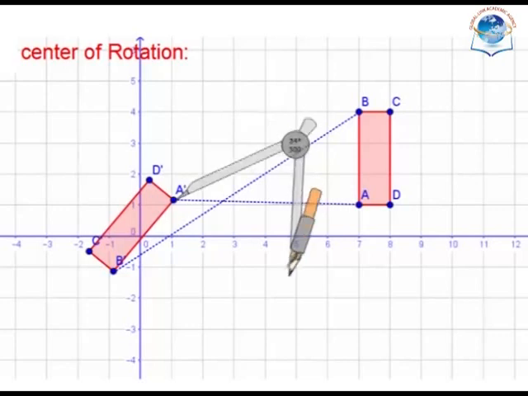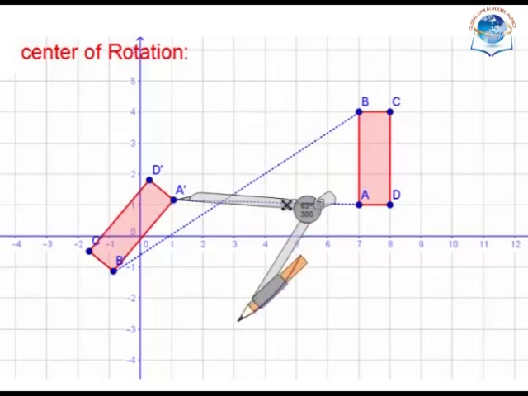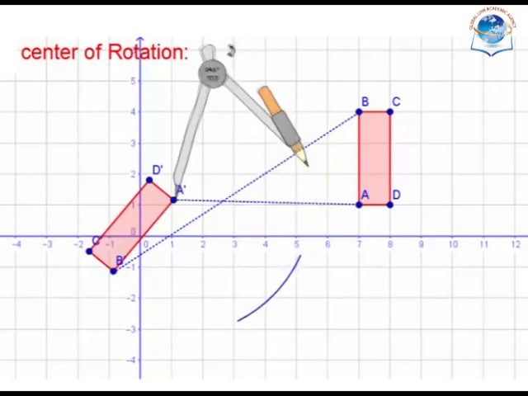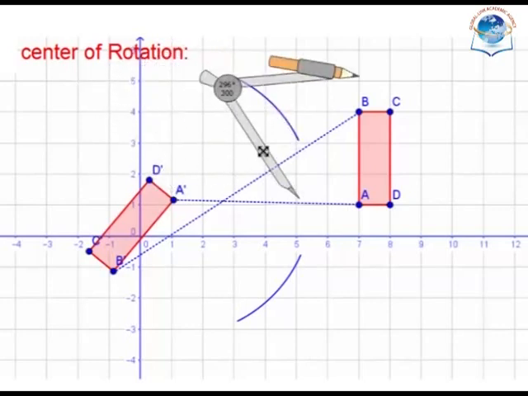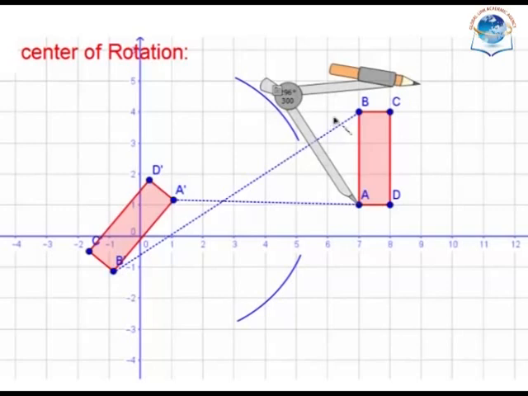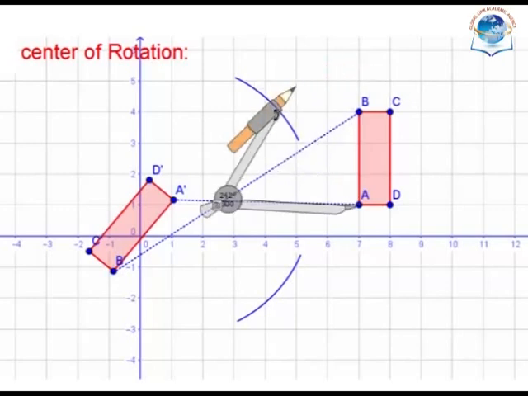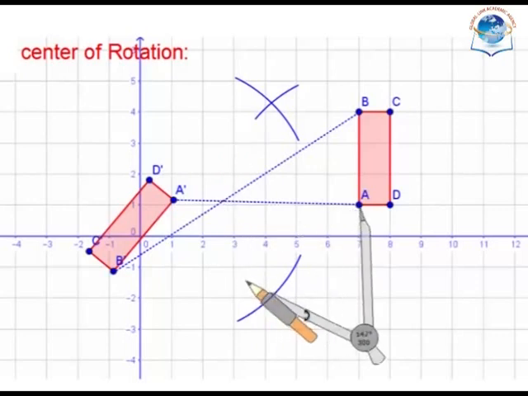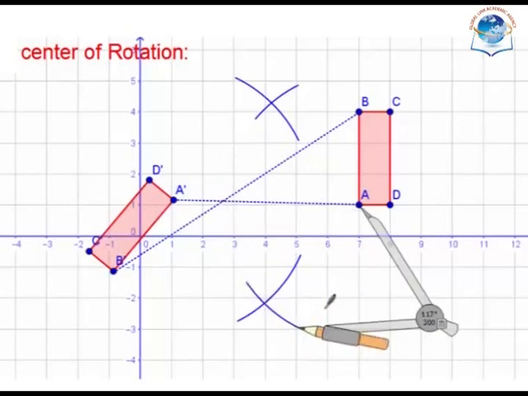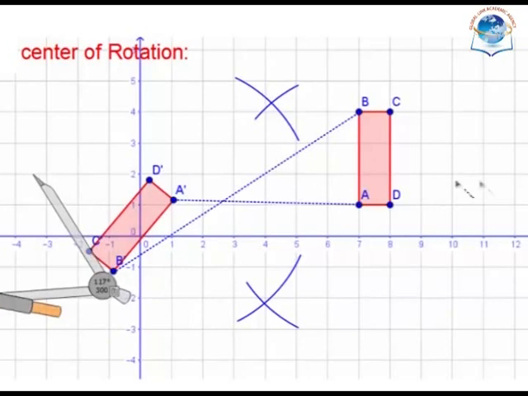An arc down here, and another one up here. We move to the other vertex, an arc up here, and another one down here. Now we connect the intercepts. There. Now I know the center of rotation is somewhere on that line.